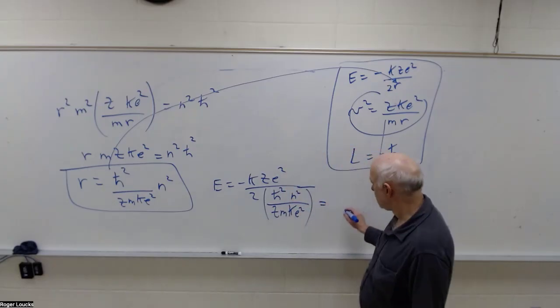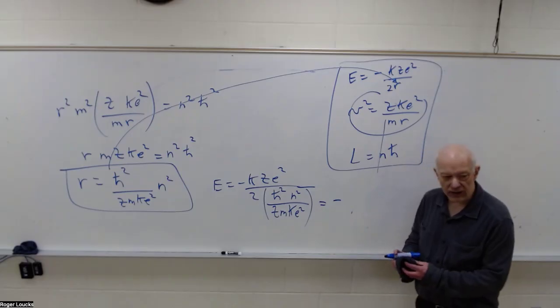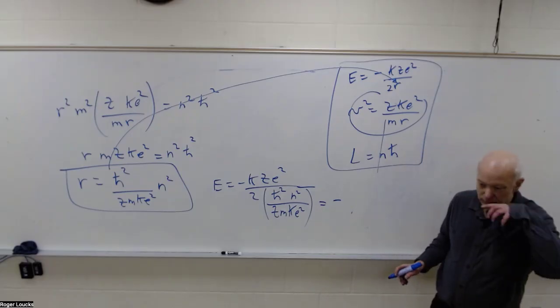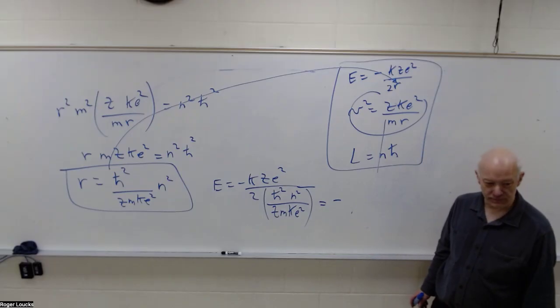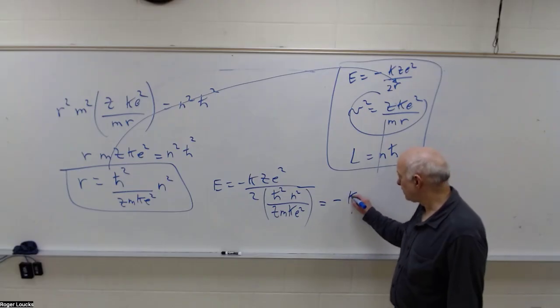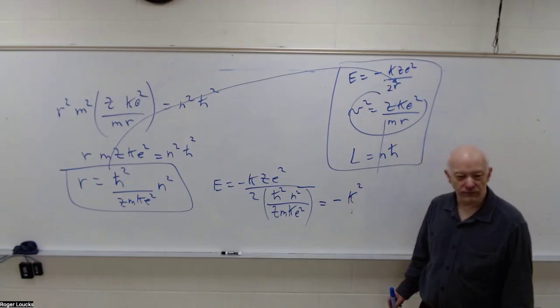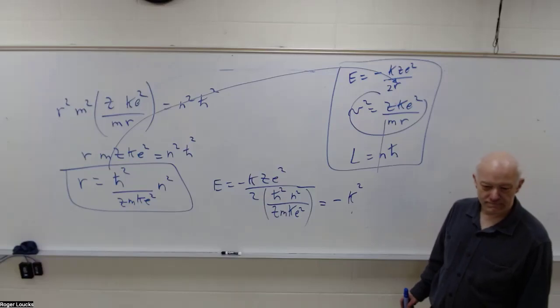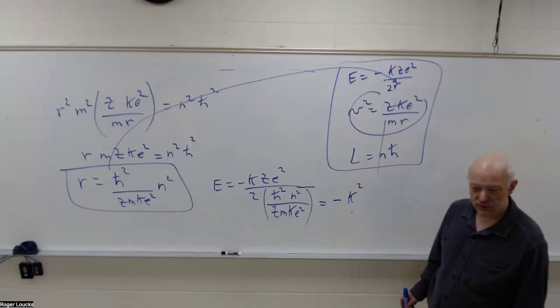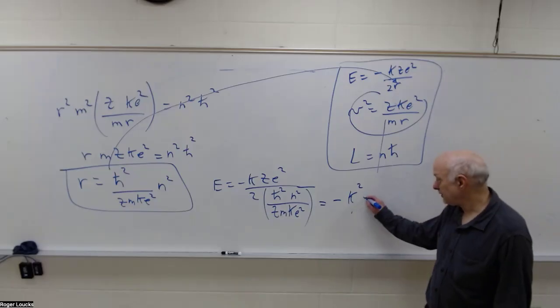So what does that give me? I get minus. How many factors of K? And where are they? On the top. Minus K squared. How many factors of E? Where are they? We have 4, E to the 4.